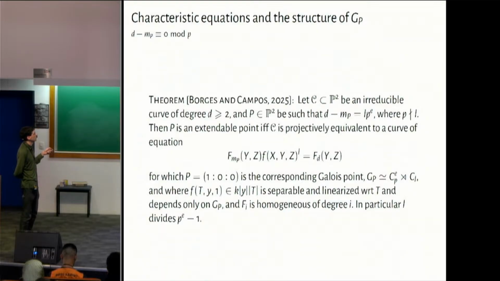In particular, this result implies that when you write the difference d minus m_P as a power of p times a number not divisible by p, this number L cannot be anything. It must divide p to the e minus 1.